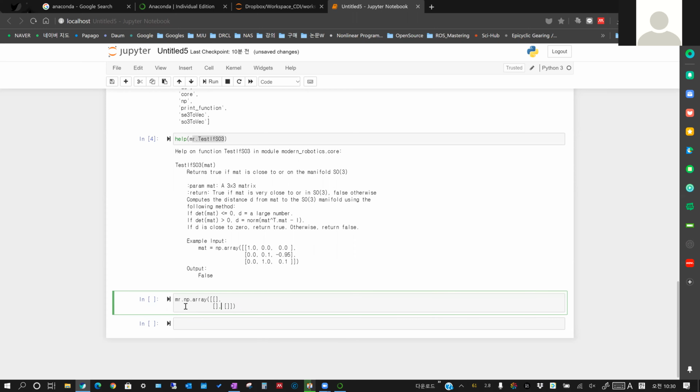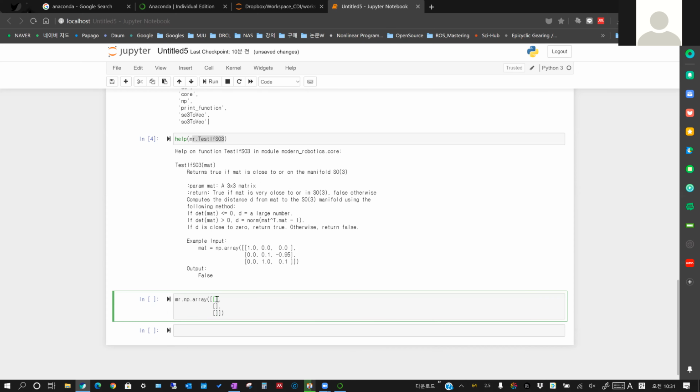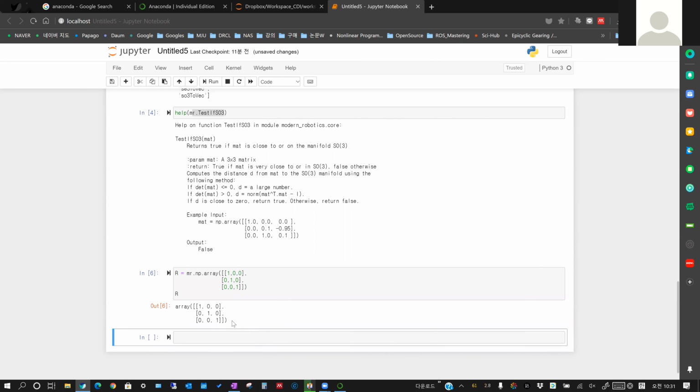For example, this is the first row, second row, third row. So if you make it like this, 1, 0, 0, 0, 1, 1, 0, 1, 0, 0, 0, 1, and make the variable R matrix like this, you can check the R value like this.